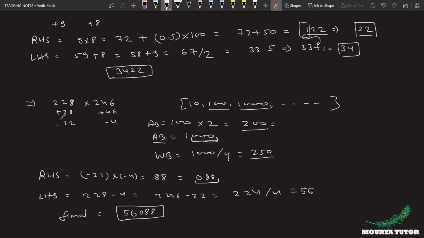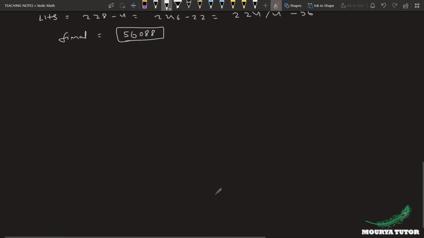Correct. Now if you multiply these two numbers using the traditional method, it is going to be a very difficult and lengthy process also. Using Vedic maths we can do it easily. Now I have one suggestion for you: while multiplying two numbers using the base method of multiplication, don't write the base, working base and the differences on pen and paper.